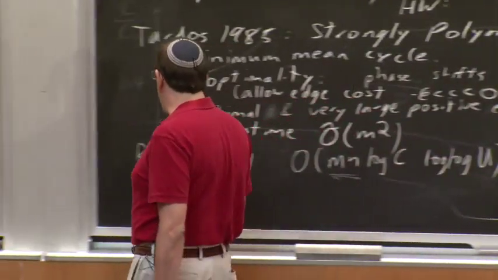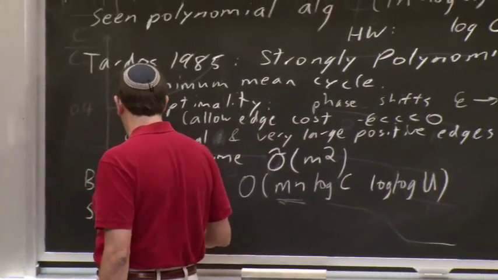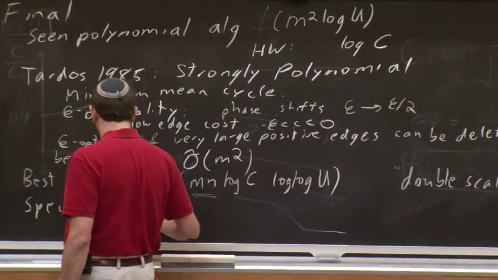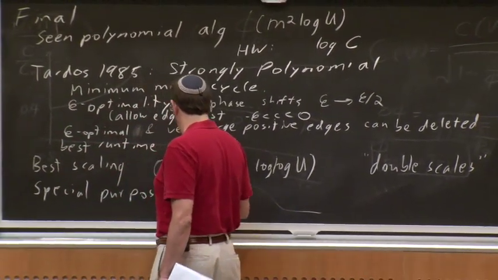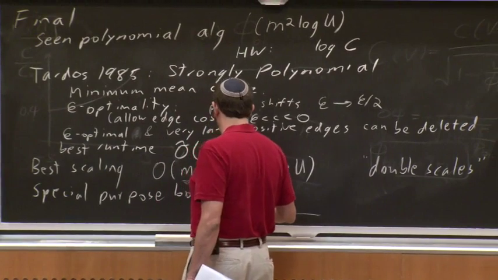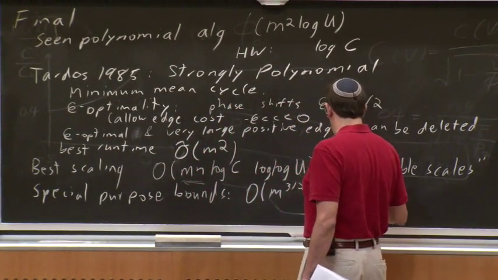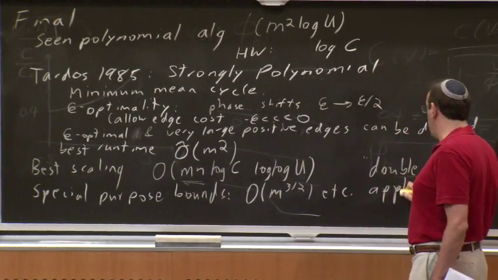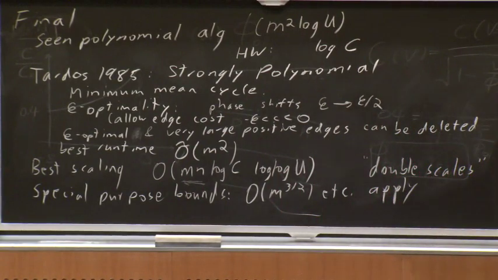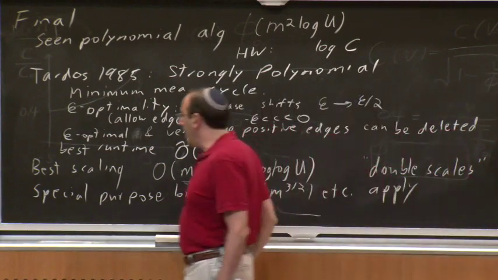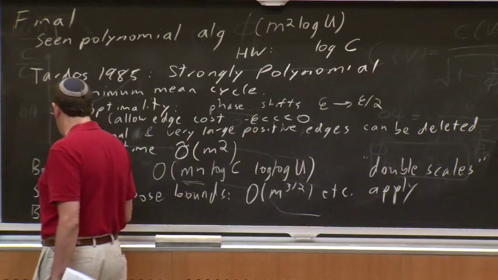The special purpose bounds that we saw for max flow, the order m to the 3/2 and such, also apply to min cost flow. You can go back and do the analysis and show that you can do min cost flow using these techniques. And so here's an open problem for you.